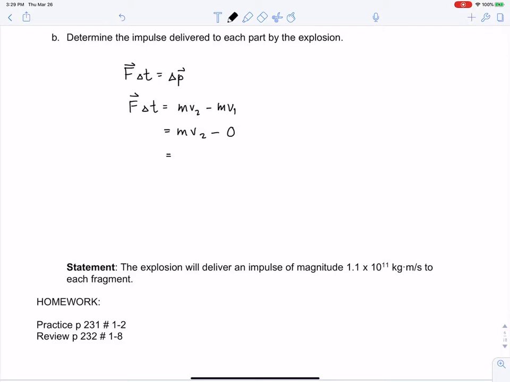So if we do this, we end up with a mass of 1.2 times 10 to the power of 9 kilograms times a speed of 93 meters per second. And for the first asteroid, this is in the direction north, so the impulse is 1.1 times 10 to the power of 11 Newton seconds.